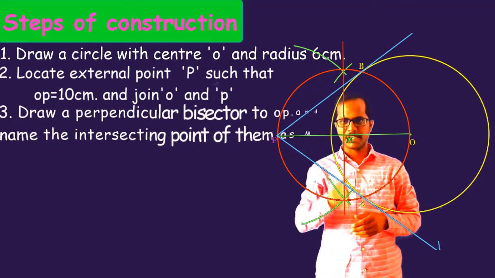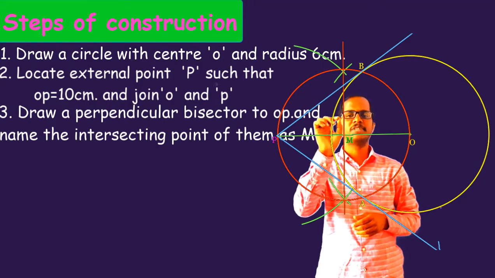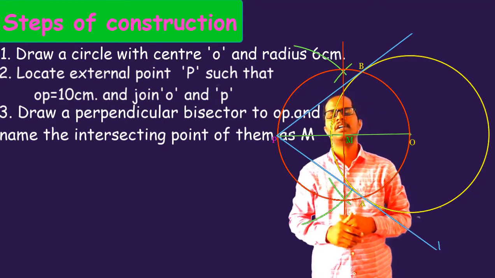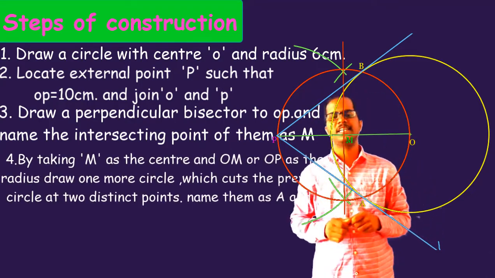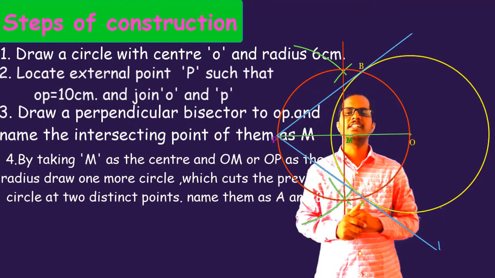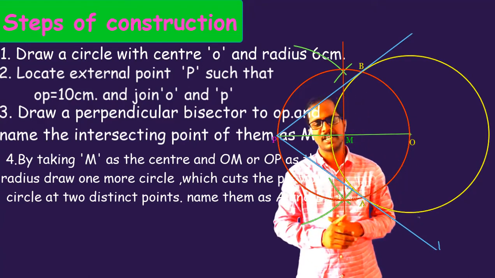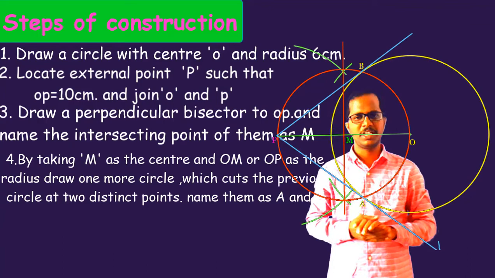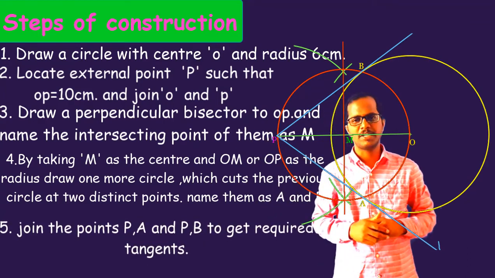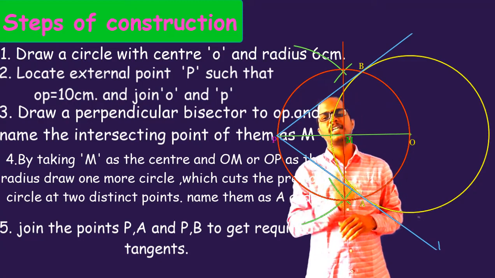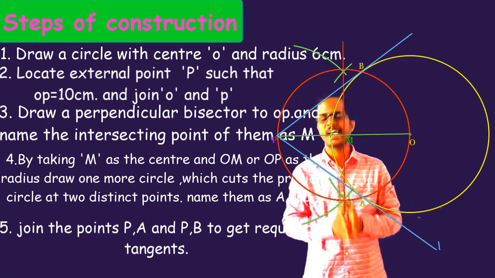This perpendicular bisector meets the line segment at a point, and we assume that point as M. Next, taking M as the center and MO as the radius, we draw one more circle, which cuts the previous circle at two distinct points. We name them A and B, and join P and A, and P and B. By joining them we get two tangents PA and PB, which are the required tangents.